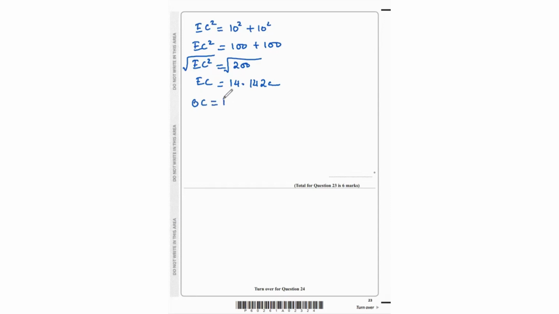OC is going to be half of EC. So that's 14.142 divided by 2, and that is 7.07 centimeters. Now for the angle, I will make the triangle again.